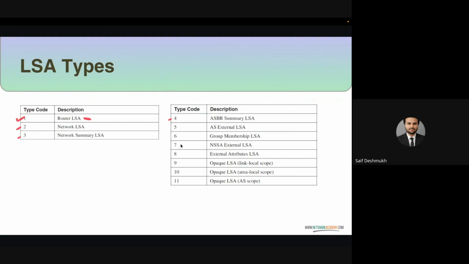Out of all these, we don't use type 6 LSA. We don't use type 8. And types 9 to 11 were specially designed for traffic engineering purposes. Maybe you might have seen them with MPLS. So our focus for enterprise design is going to be 1, 2, 3, 4, 5, and especially 7.